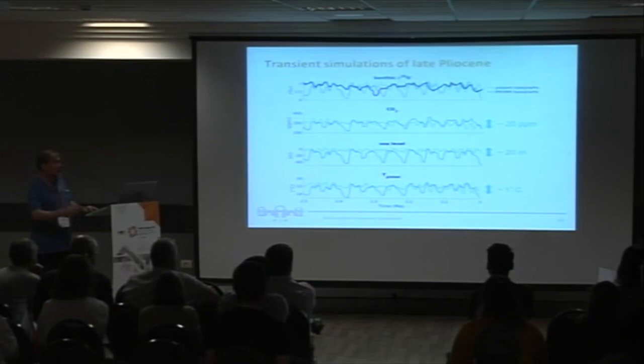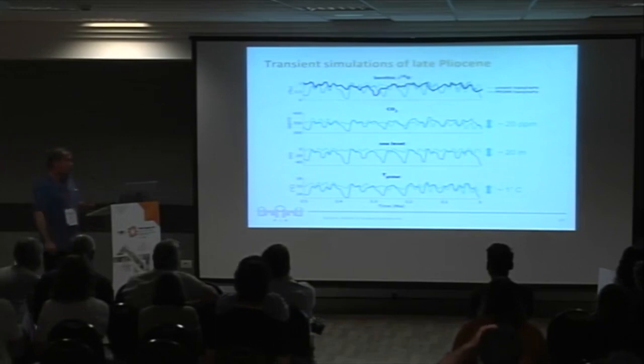If we apply the PRISM reconstruction, this is the green line now, you see a problem. The model starts to simulate relatively long, quite pronounced glacial cycles with large variations. That looks more like early Pleistocene glacial cycles, probably too much.